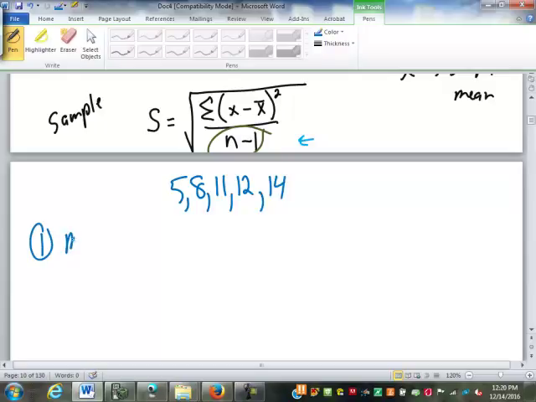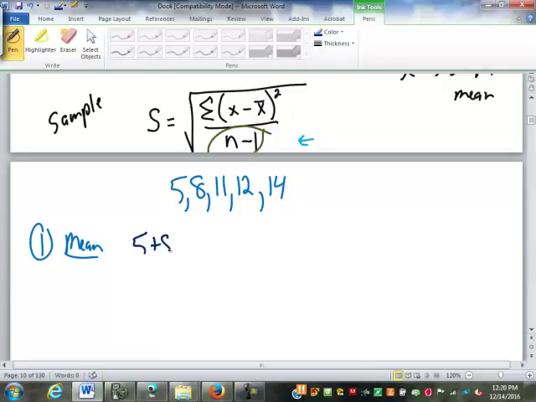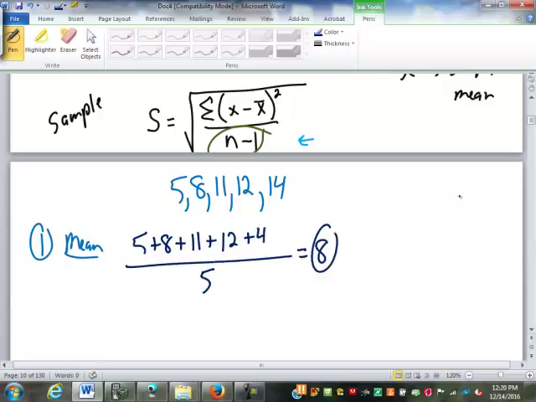Step 1 is to find the mean. So if I add those numbers up and find the mean, 5 and 8 is 13, plus 11 is 24, plus 12 is 36, plus 4 is 40. Divided by 5 gives me a mean of 8. Does that look right?